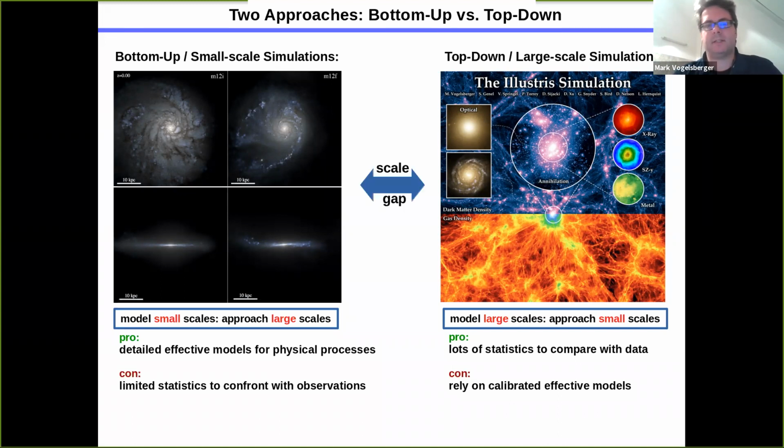So naturally, there's a scale gap between these two sets of simulations. And one of the goals of galaxy formation is to make this gap as small as possible.